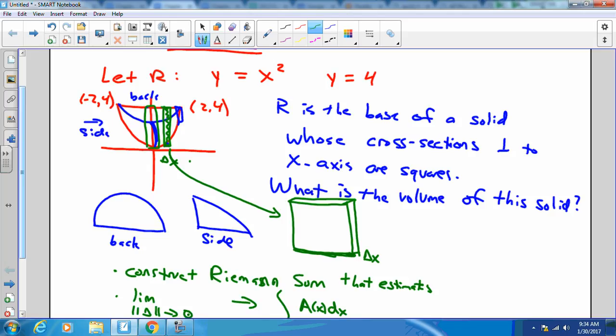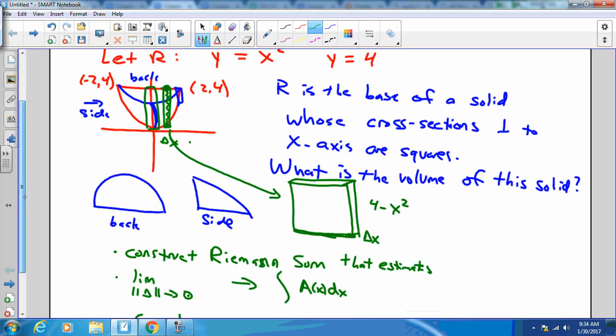If I'm doing the upper sum, then for each x sub i, I would choose the max or the min as appropriate here, and for the lower sum, you're going to have that. But for each one of these, we have a side length of the square that is equal to the top curve minus the bottom curve right here: 4 minus x squared.